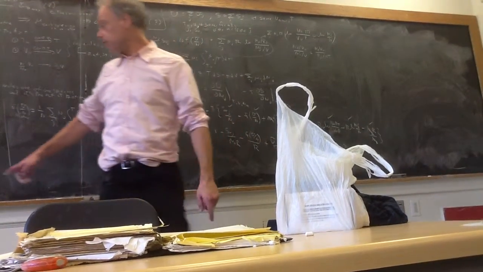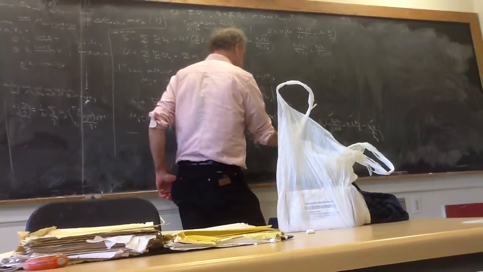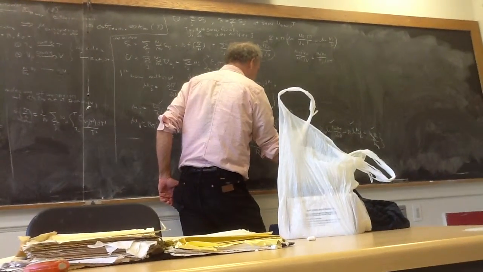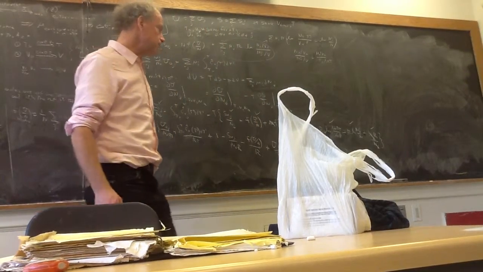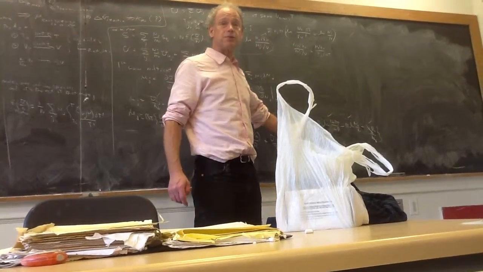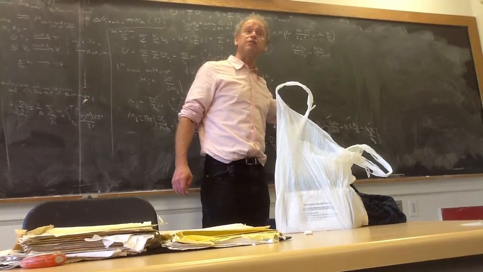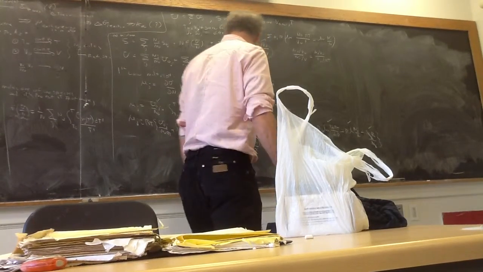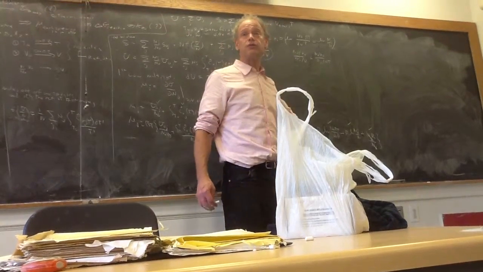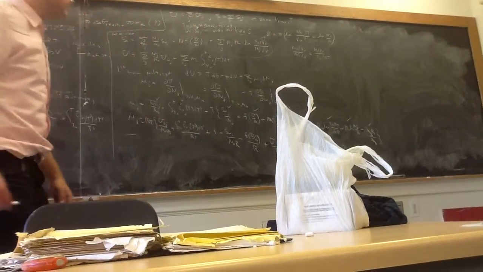f prime of u over n, we said that's just equal to 1 over T. So this thing is just 1 over T, u over n. This thing only depends on temperature and the reference thing. This thing depends on other things: pj depends on the total pressure, and it also depends on the concentration, nj over n. There are no other nj's here.